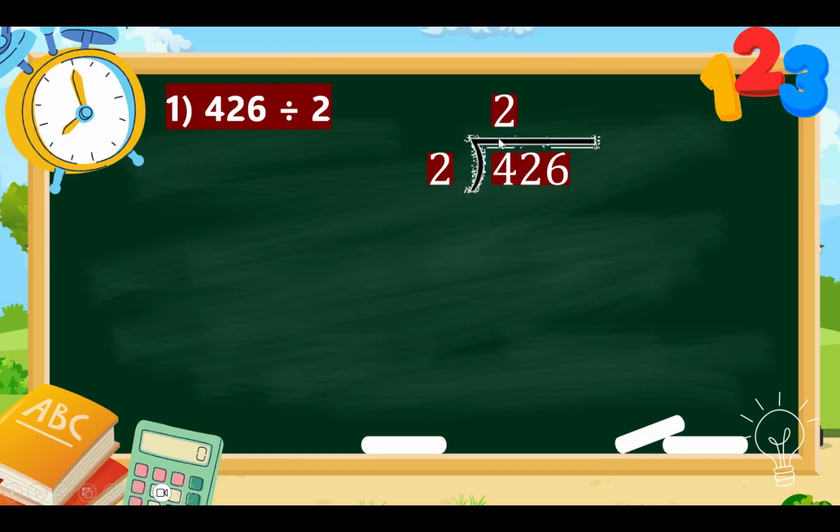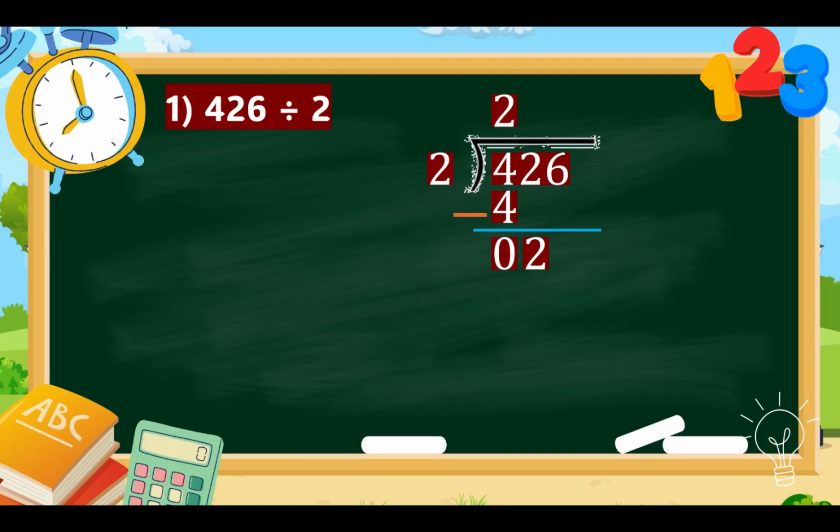So 2 times 2 equals 4. Then after multiplication, we have to subtract. Alright, 4 minus 4 equals 0. Then the fourth step, we have to bring down the next number, the number beside the first number that we have divided. So we have 2. Bring down 2. So again, we have to repeat the process.